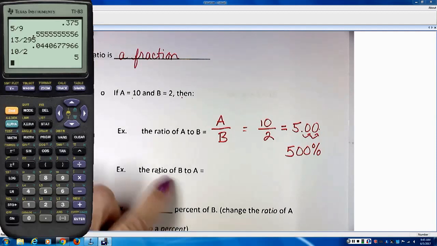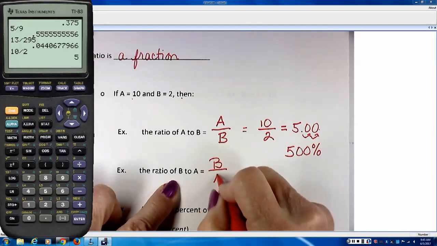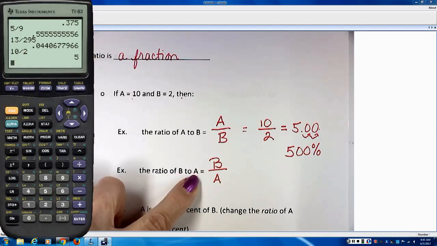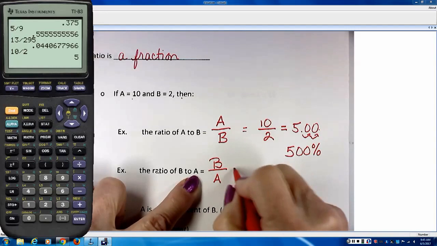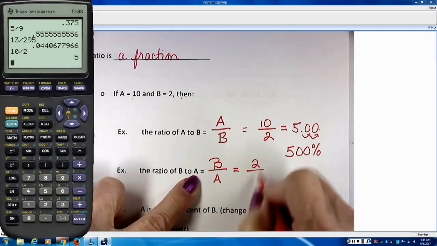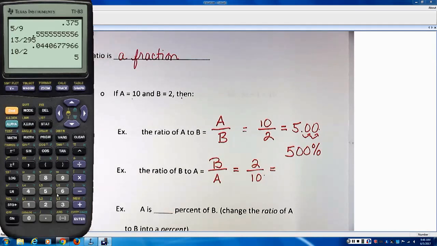The ratio of B to A is B over A. Just remember that what comes first is on top and what comes second is on the bottom. So B is 2, A is 10, and that's 0.2.